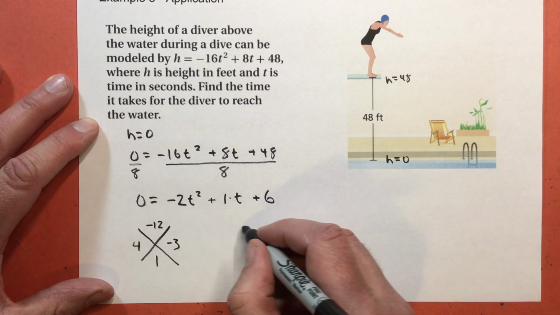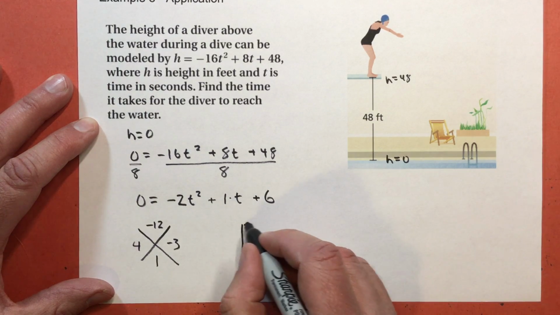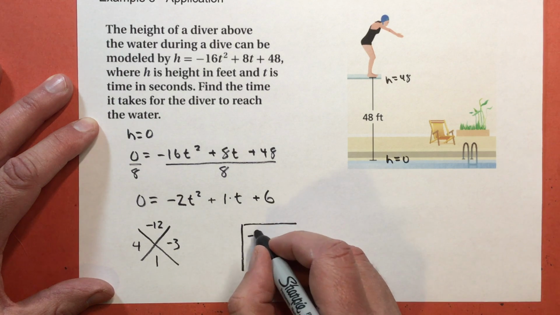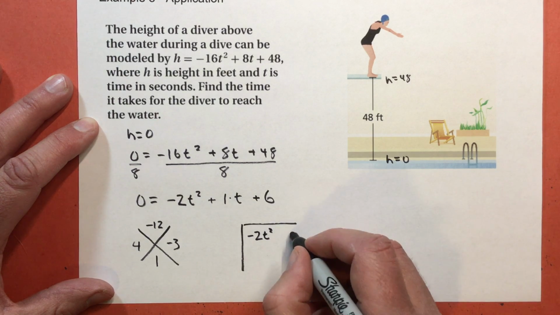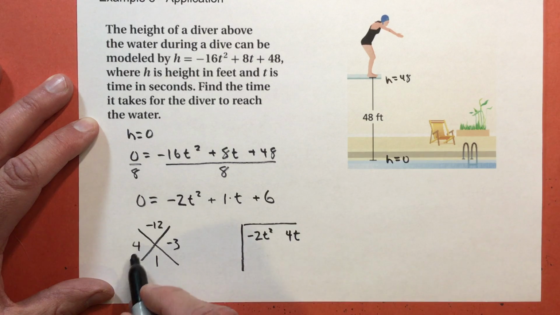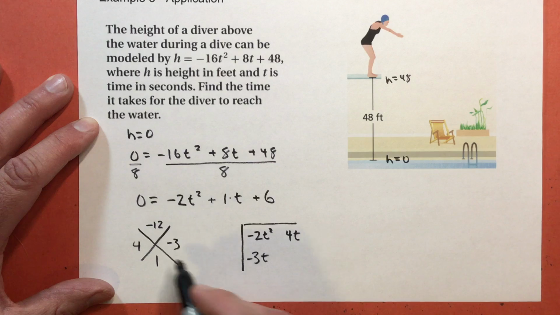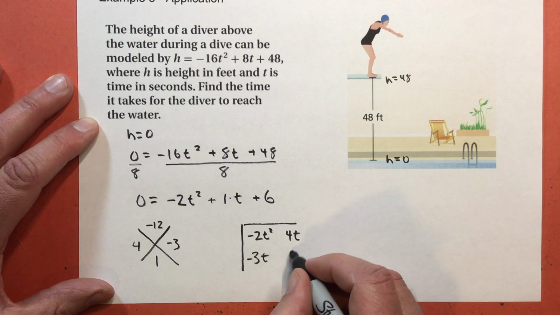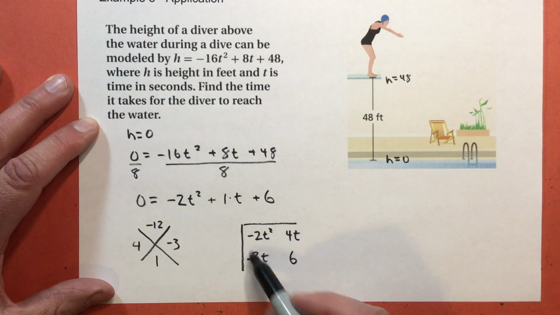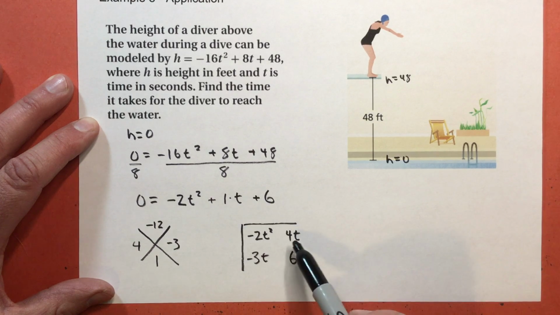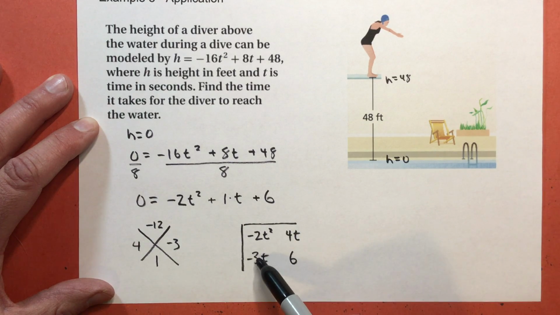That means that, and I'm going to make my box here, I've got negative 2t squared, 4t from here, negative 3t from here, and I put the 6 right here. So what's inside my box is the same as what I have here, except 4t plus negative 3t gives me my 1t.